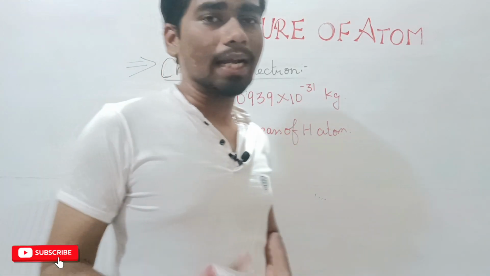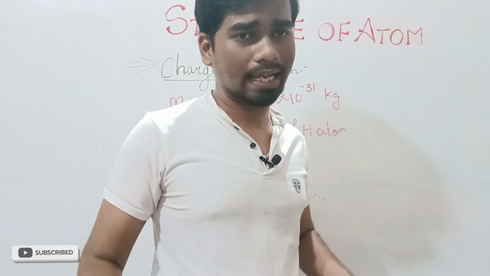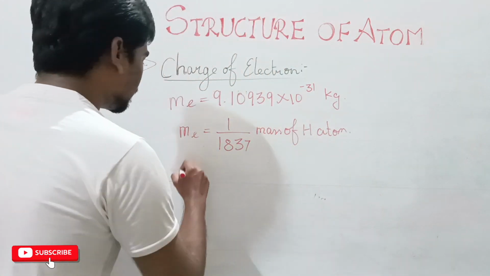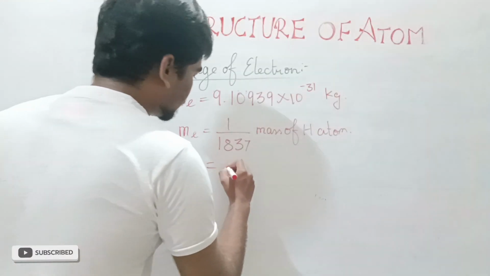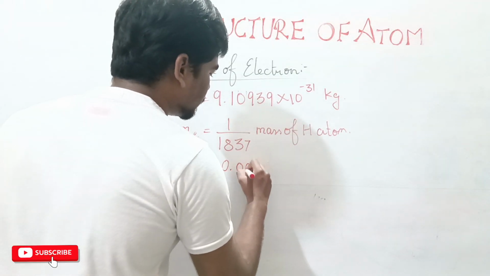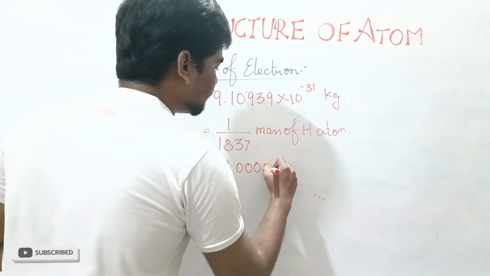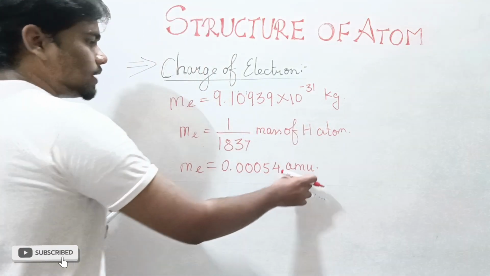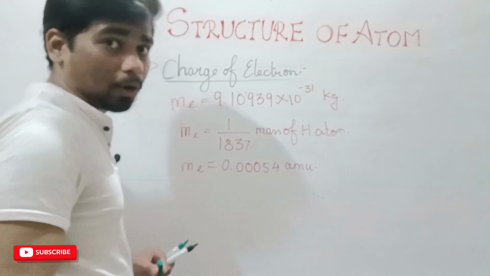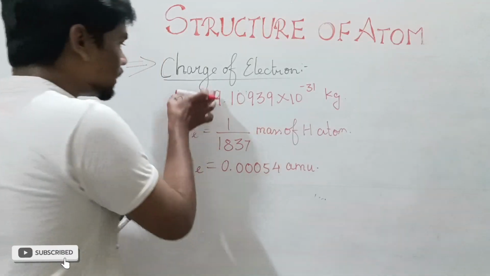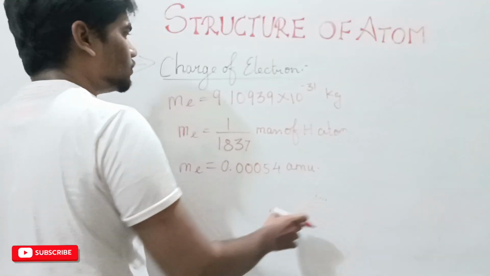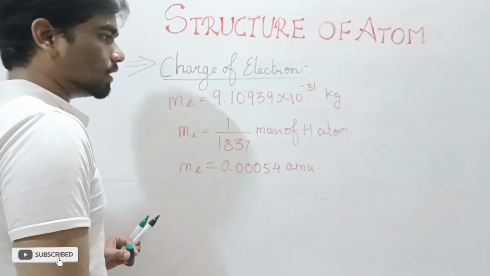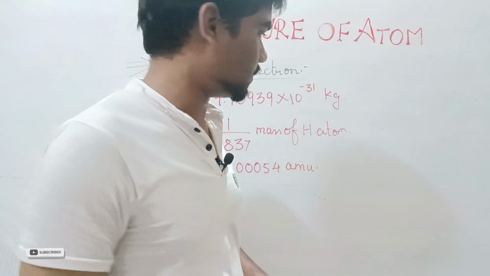In terms of atomic mass units, that is AMU, mass of electron is equal to 0.00054 AMU. So this AMU means atomic mass unit. I hope you know that. So these are the three values that you should just remember directly so that you can answer all the questions.